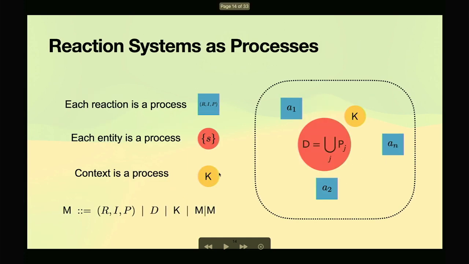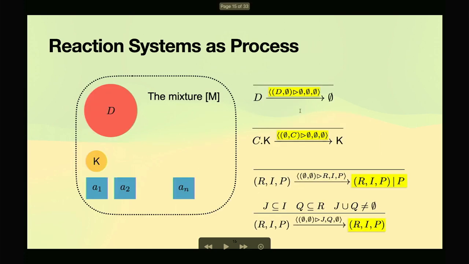Okay, now we have the entities, and we can put all together, so we have only a set of entities in our process. Now, we have to define the behavior of the set of entities, and of each reaction. This is the inference rule for the behavior of the set of entities.